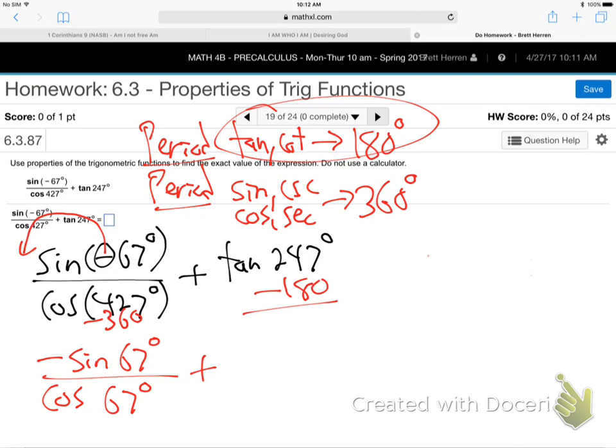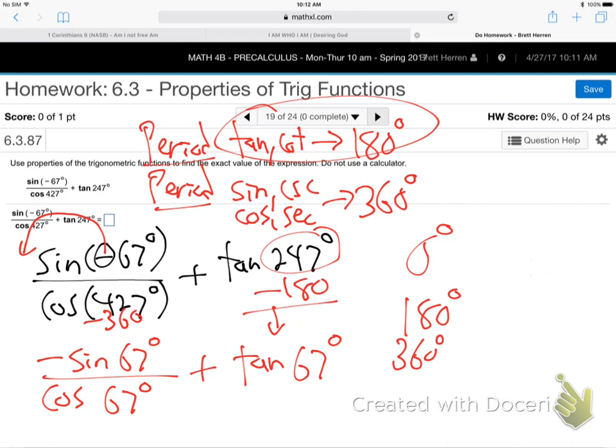You see why I'm able to do that? So this is the same as the tangent of 67. Whatever the tangent of 67 is, it's the same as the tangent of 247, because they're both 67 degrees past the start of the cycle. The tangent starts his cycle at 0, restarts at 180, then at 360, then at whatever another 180 is.